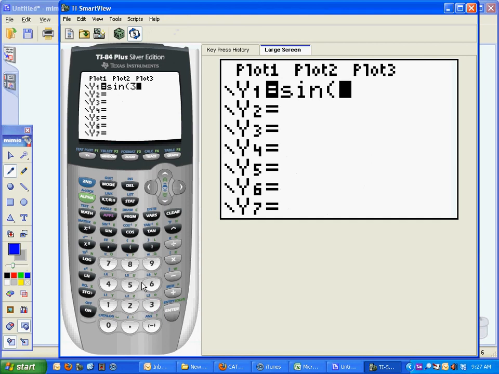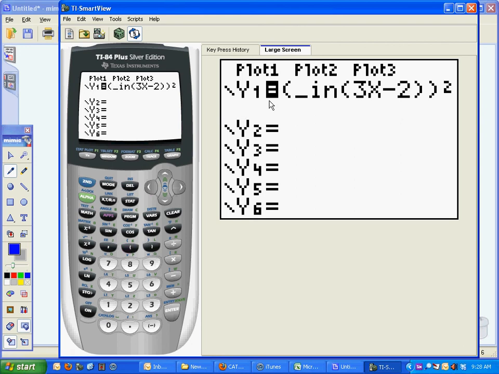So the sine of 3x minus 2, and then I need to square that. Whoops, I need a parentheses out front here, don't I? Okay, so this parenthesis to that parenthesis there are saying take the sine of this, and then after you're done with that, square it, which is what we want, sine squared.